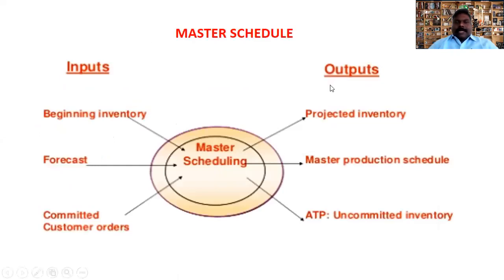Now this diagram clearly differentiates what is master scheduling and what is production schedule. So here inputs are beginning of inventory, forecasting, and committed customers. Here they have said only forecasting. So we can forecast the demand, that's all. Means how much a market is in need of the items.